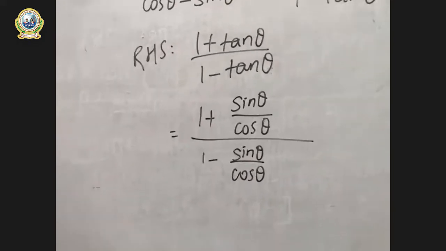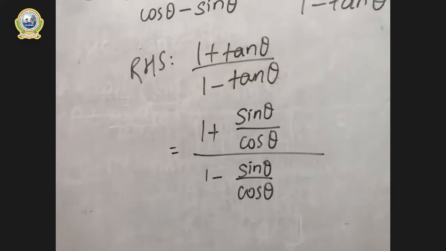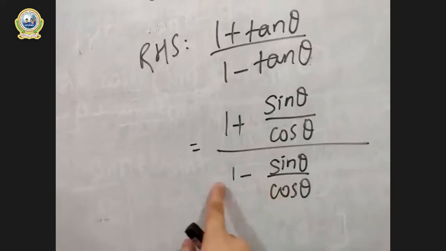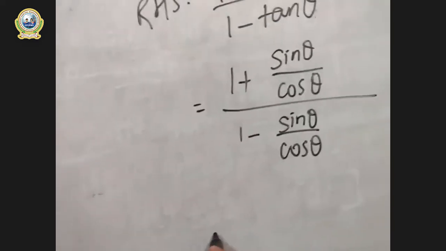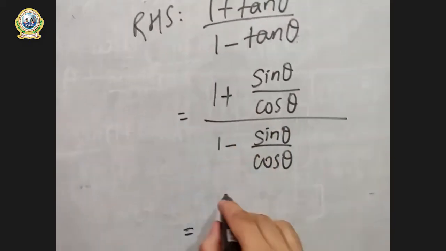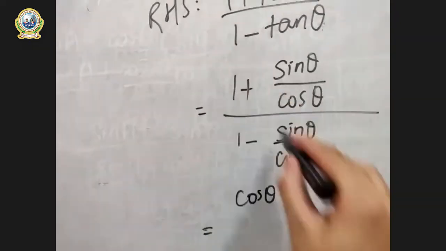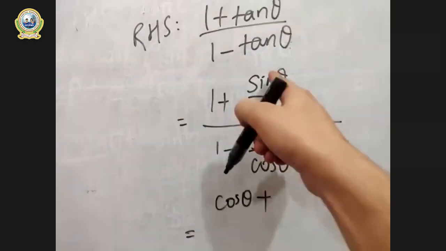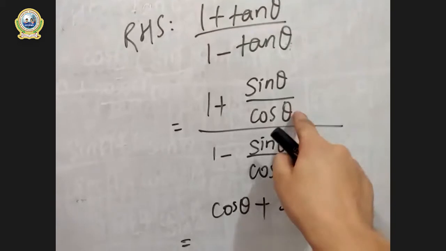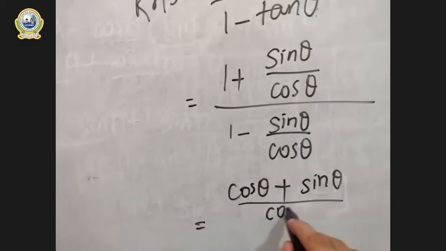So now you can take the LCM like that of the previous one. Cos 1 is a cos, and there will be cos 1 is a cos. Let's take LCM, or you can say cross multiplication. It will be cos into 1, cos theta, and the plus in the middle will be as it is, and in the numerator part we have sine theta, right? And in the denominator we will have cos theta.